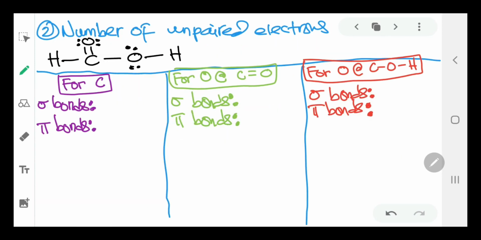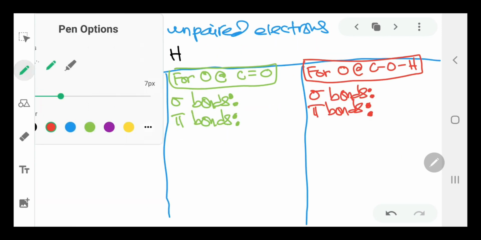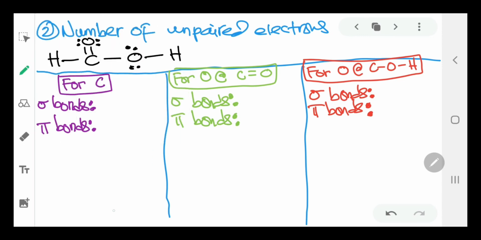Okay, so just a bit more work you need to do. Again, now we need to know the number of unpaired electrons. So we're going to start with carbon. Carbon has 1, 2, three sigma bonds.